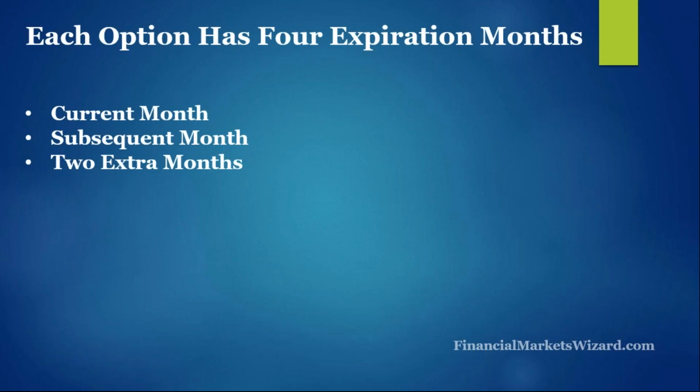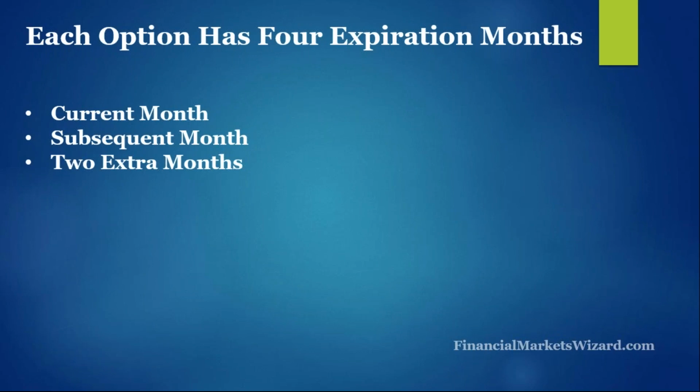When you look at the option chain, you will see that each option has 4 expiration months. What you will notice is the current month is listed, the subsequent month is listed, and then there are 2 extra months listed. So current month is September.